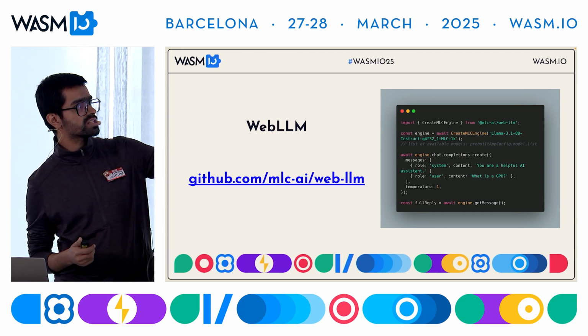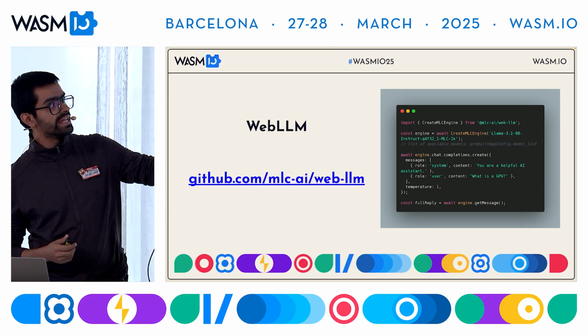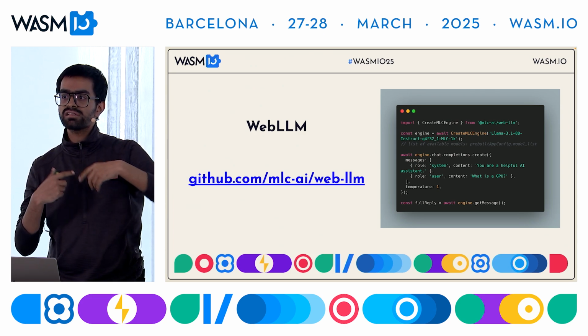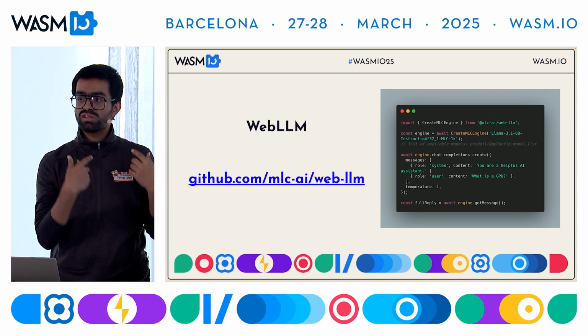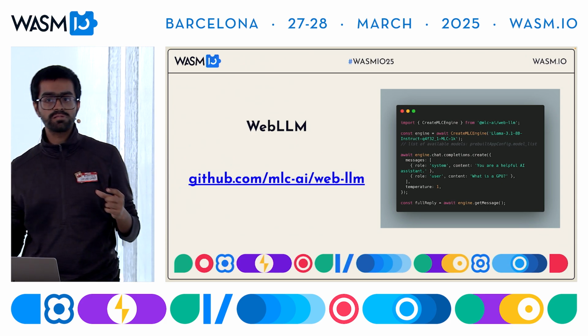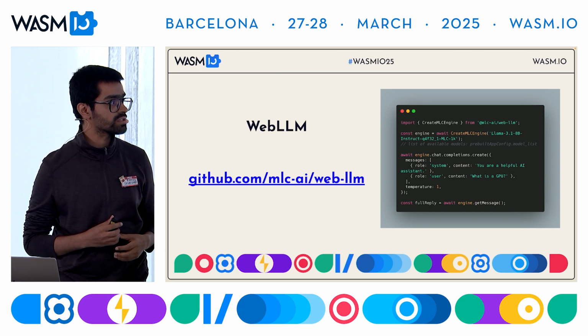It's very easy. You start by creating the MLC engine inside your web application, and then you define what model you're using. You'll see that it has an OpenAI-compliant architecture. So if you have used something like the chat.completions API, it's very similar, right? We are not changing the developer experience at all when it comes to interacting with these LLM-based applications.